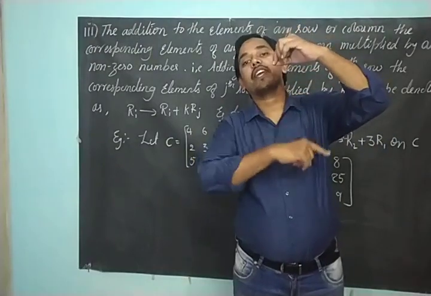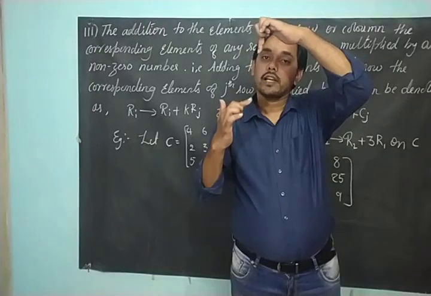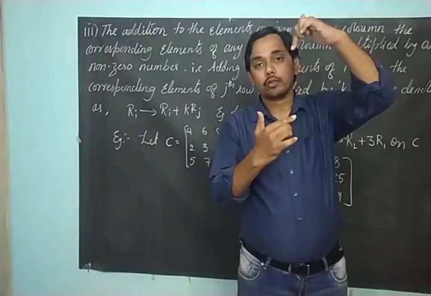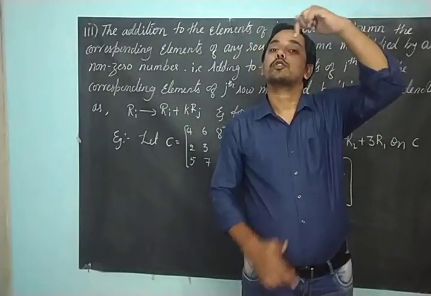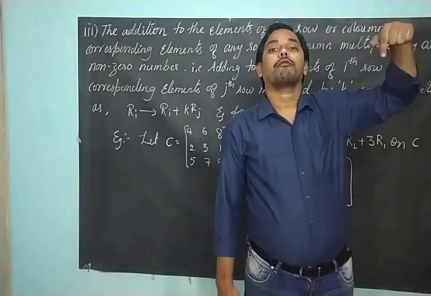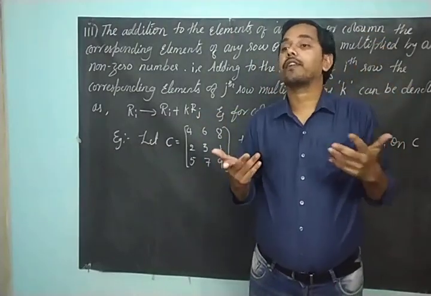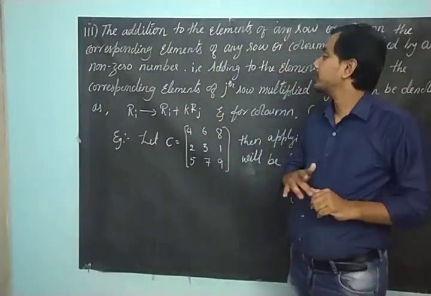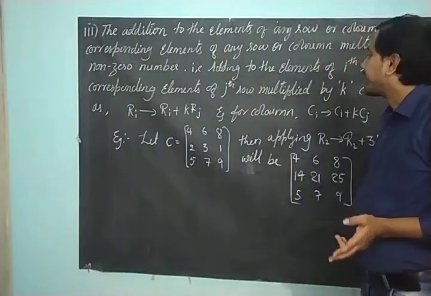The corresponding elements should be added: A11 and A21, A12 and A22, A13 and A23. So to the elements of the first row, if you are adding the corresponding elements of the second row, multiplied by a non-zero constant, then this property can be applied.